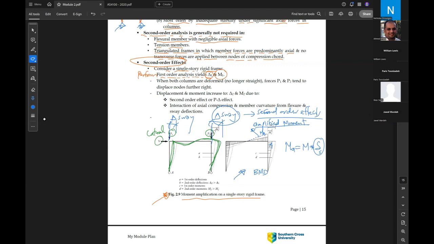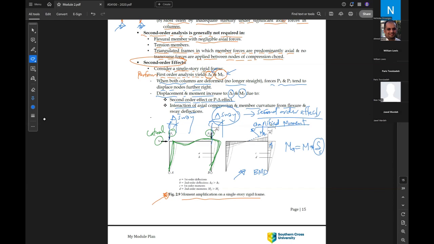First of all, you need to do the first order analysis to get the moment and the deflection. When both columns are deformed, the forces V1 and V2 will displace the nodes. Displacement and moment increase to delta 2 and M2 due to second order effects. This comes from the interaction between the axial force and member curvature from flexure and sway deflections.